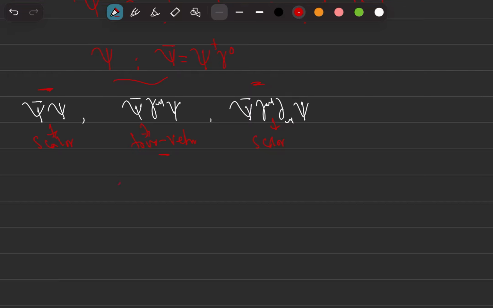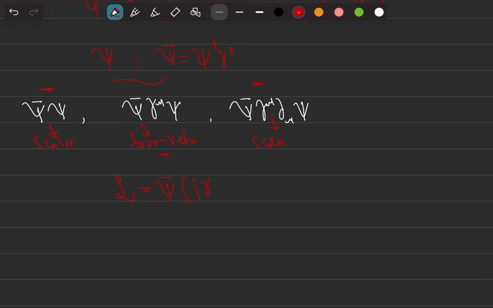So this finally tells us the Lagrangian that we would need: we put psi bar here and we introduce an iota to make sure that the Lagrangian remains real.